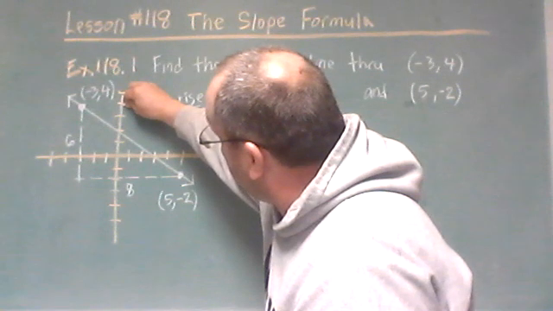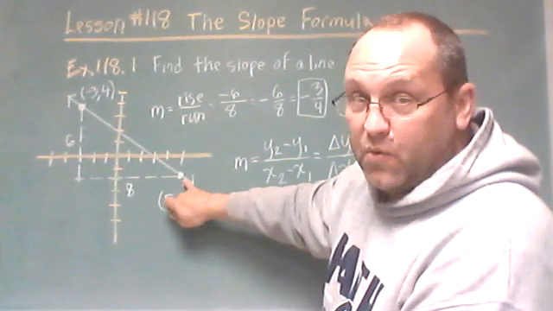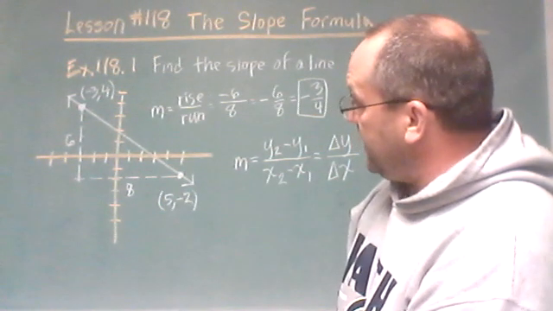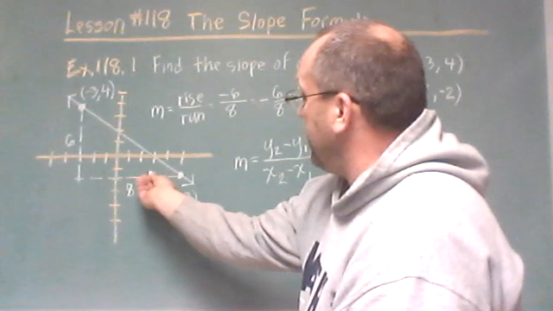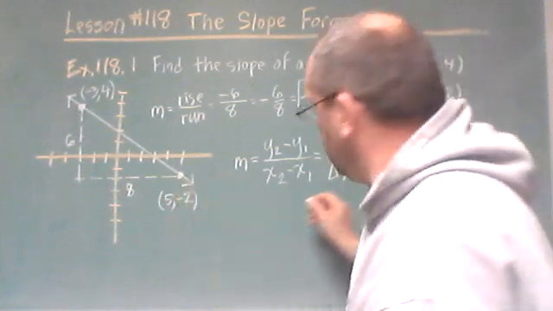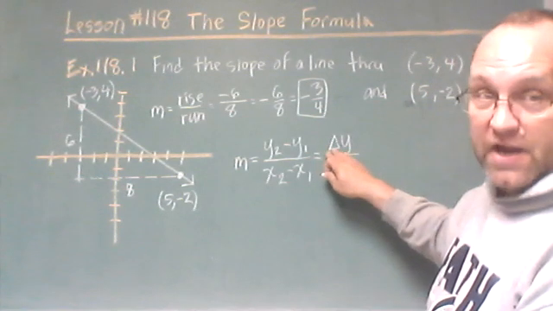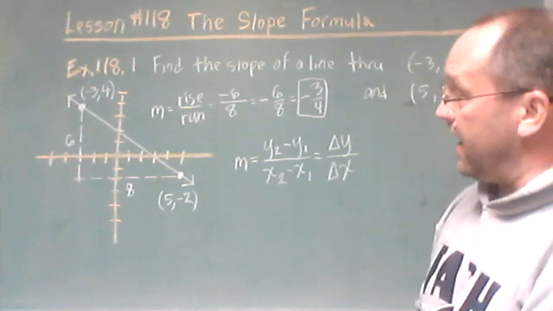I've been simply counting them: 1, 2, 3, 4, 5, 6 to this point here. And what is the change in the x? I count over 1, 2, 3, 4, 5, 6, 7, 8 units gets me to that point. It's nothing more than the change in the y over the change in the x.